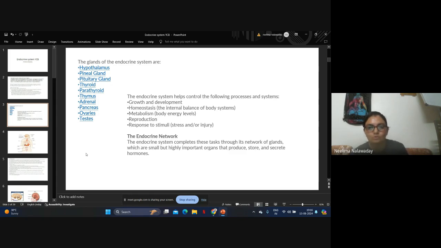I would like to suggest you should memorize all the names of endocrine glands at least. Hypothalamus, pineal gland, pituitary gland, thyroid, parathyroid, thymus, adrenal, pancreas, ovaries, and testes are the major important endocrine glands in our body.